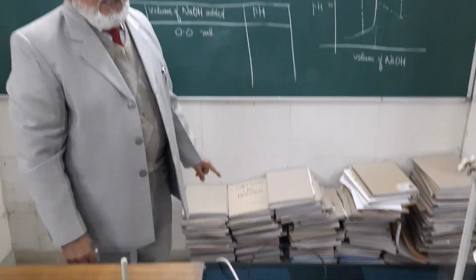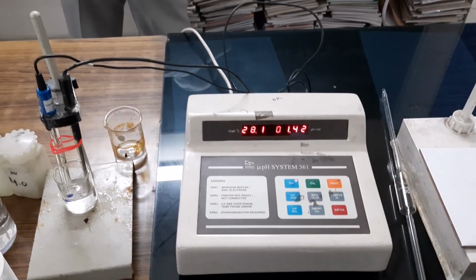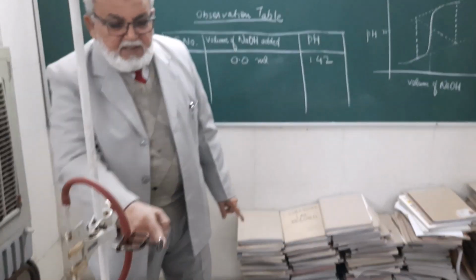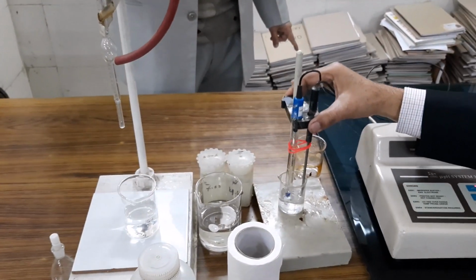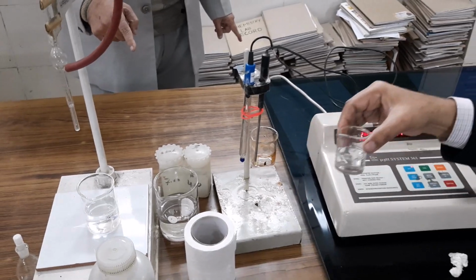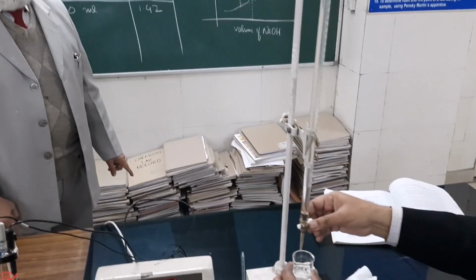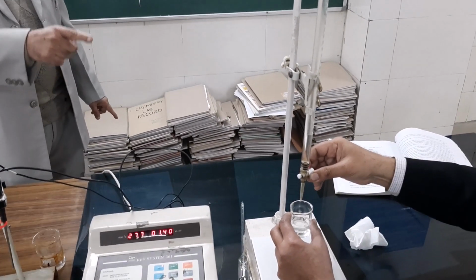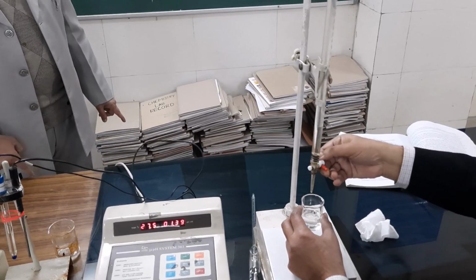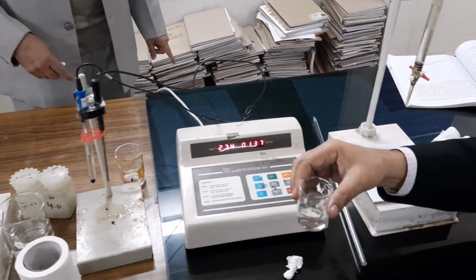Let the pH stabilize. It is 1.42. 1.42 is the pH of this acidic solution before adding NaOH from the burette. Now we will keep adding N/10 NaOH from the burette into this solution and keep reading the pH on the pH meter.